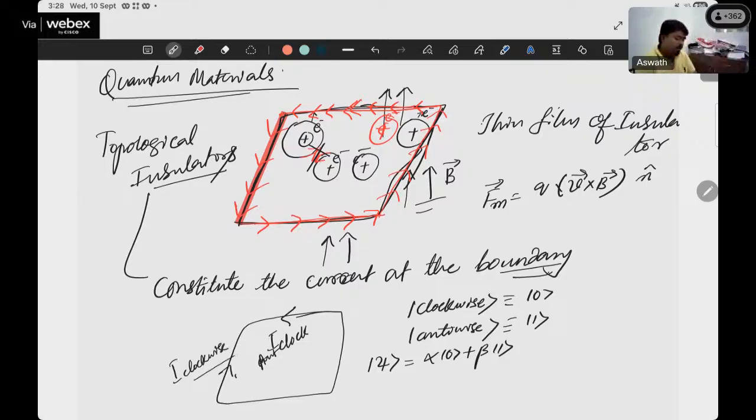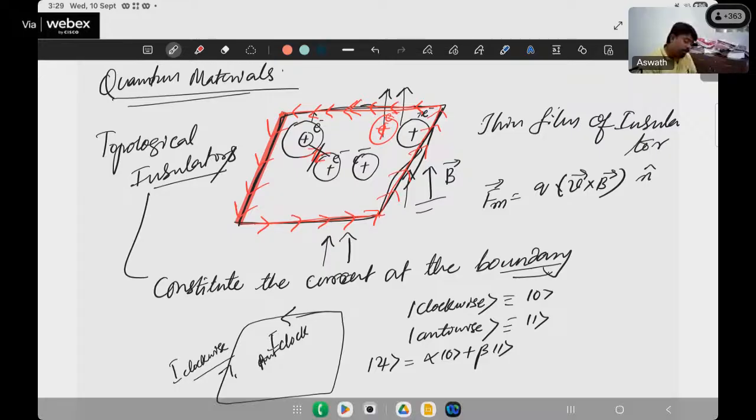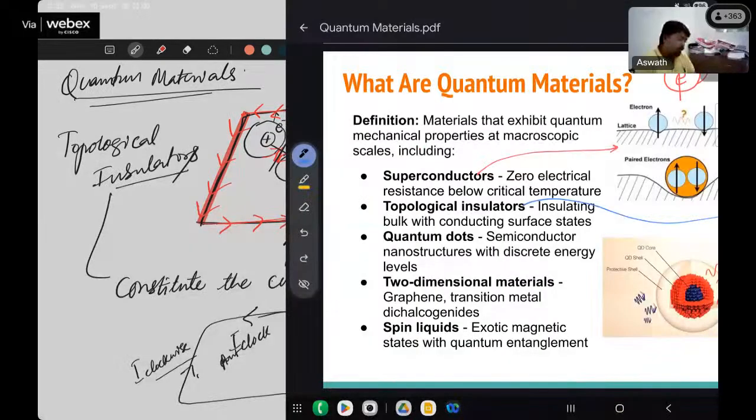In superconducting materials, the current flows without any resistance when you reduce the temperature toward absolute zero, 0 Kelvin. It's very cool. Now let's get back to our PPT.